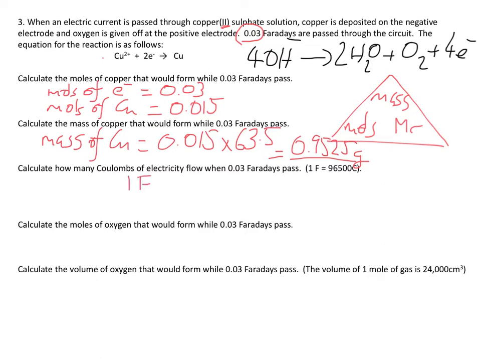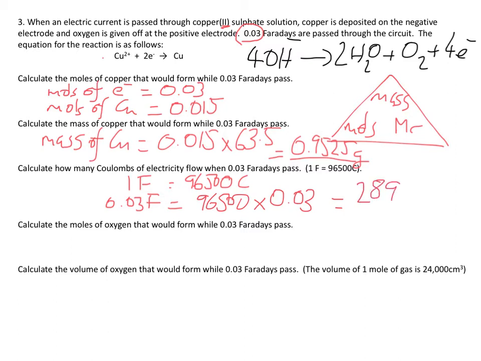So if 1 Faraday is 96,500 coulombs, 0.03 Faradays would be 0.03 of 96,500, and of in maths quite often means multiply, so I'll have 96,500 times 0.03, and that gives, if we just put it into our calculators now, 2895 coulombs. And that's your finished answer for that one.